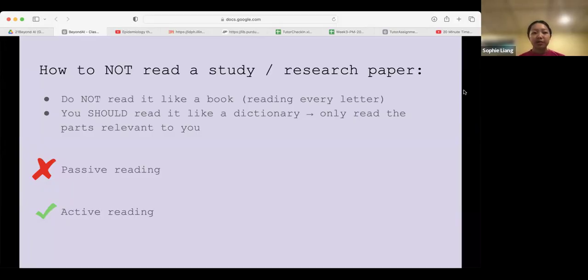You want to first decide if you want to continue reading the rest of the study before you read the whole thing. So read with intention and read actively. Don't just passively skim all the words. Look at the words and then analyze them. See if what the paper is saying is relevant or important to your research topic. And if it is, then keep reading.